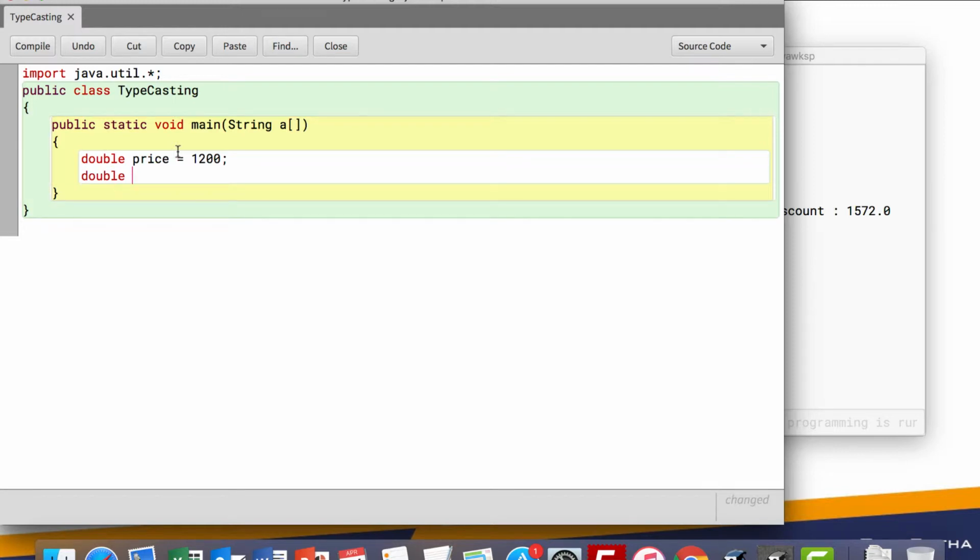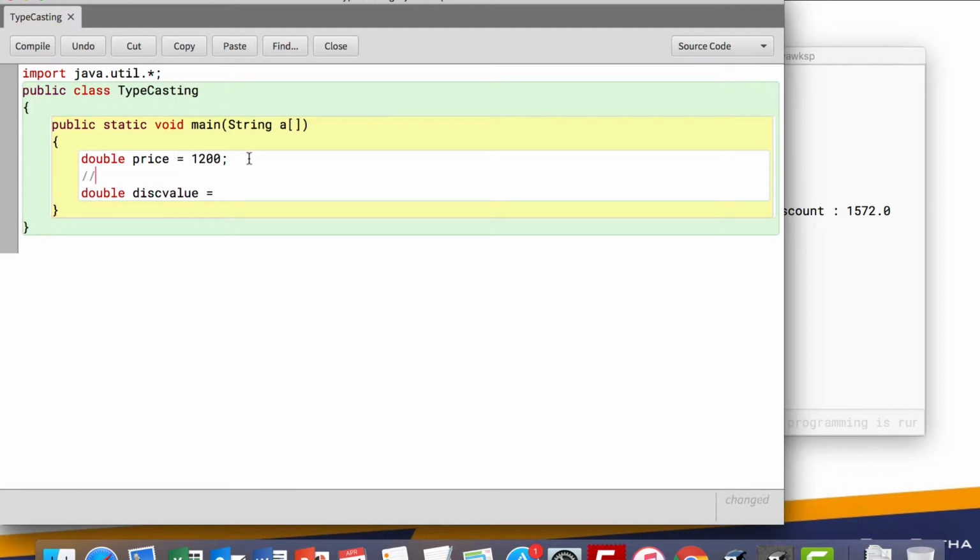To calculate the discount value, 7% implies 7 divided by 100 into the price, that is 1200. So how will we write? 7 divided by 100 into the value, that is price.